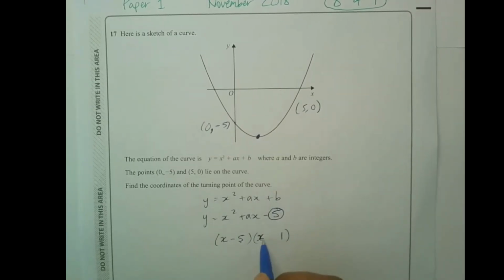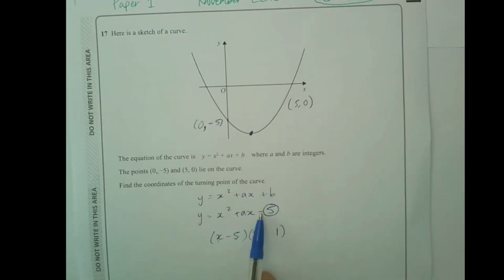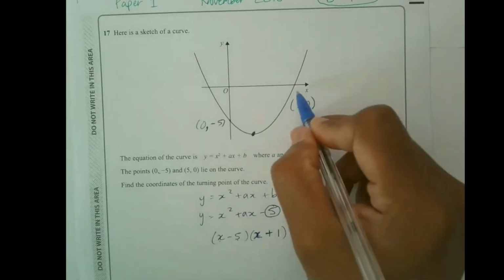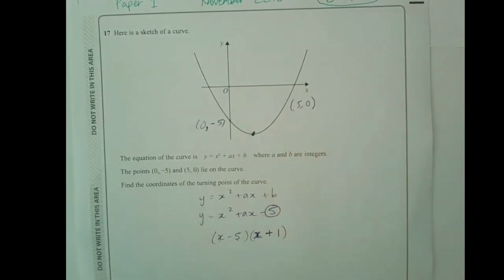So I've got x and x for double brackets. When I expand them, x times x is x squared. Now, I've got plus ax. Well, this is minus 5, so this must be positive. Plus 1 times minus 5 is minus 5. This cannot be negative 1. Negative 1 and negative 5 would be plus 5, which would not match that. So that's the key thing here.